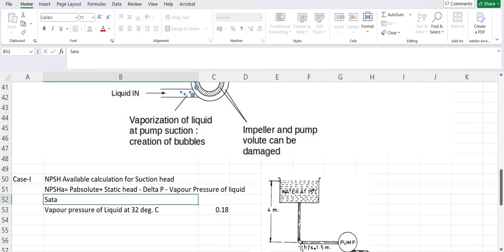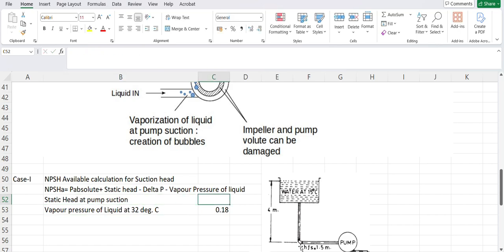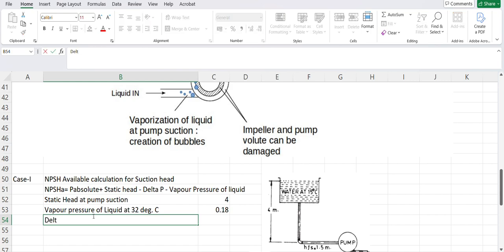Then we note down the static head at pump suction, so you will get an idea: 4 meters as shown here, static head. Okay, then we have to calculate the delta P at pump suction piping.